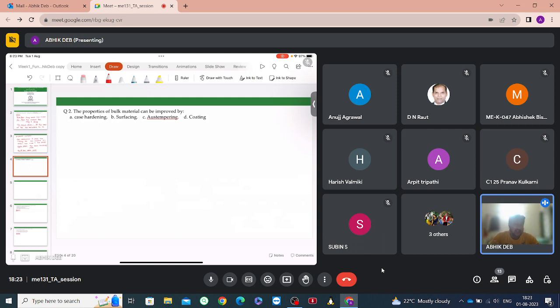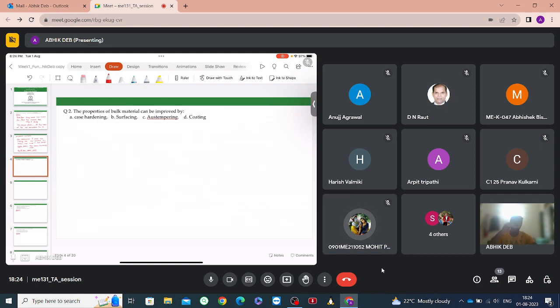So the properties of the bulk material can be improved by which of these processes: case hardening, surfacing, tempering, or coating? Any idea what will be the correct answer? Case hardening. Okay, case hardening. Any other answer? Surfacing.